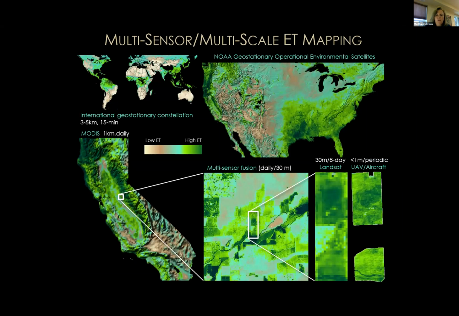So the techniques we're currently using are inherently multi-sensor, multi-scale methods. And this allows us to place the moisture status of the vineyard we're trying to manage within a larger spatial context in terms of regional water management constraints and regional climate drivers such as drought.